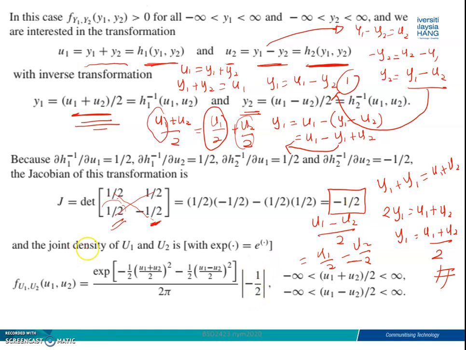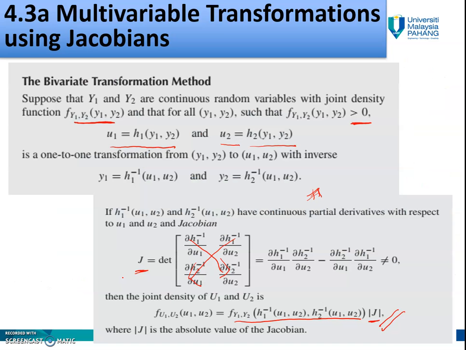So in order to find the joint density function for u1 and u2, from the previous theorem, you can see that this is the formula. That means you have the density function, with h inverse 1 and then h inverse 2.